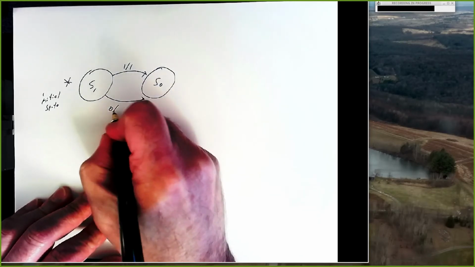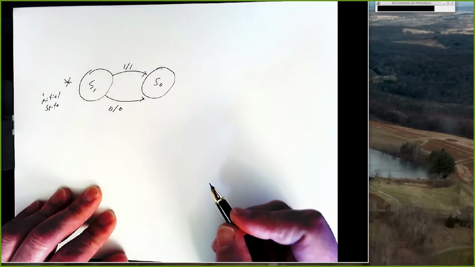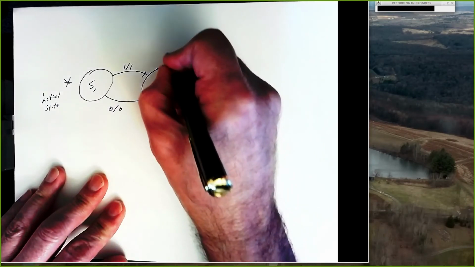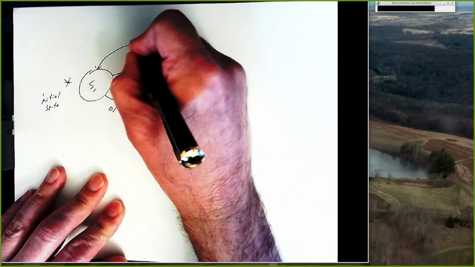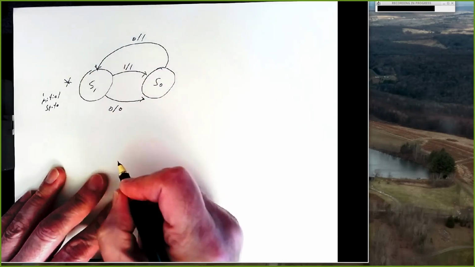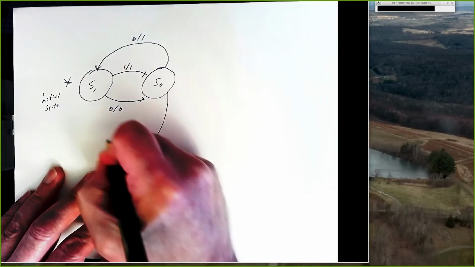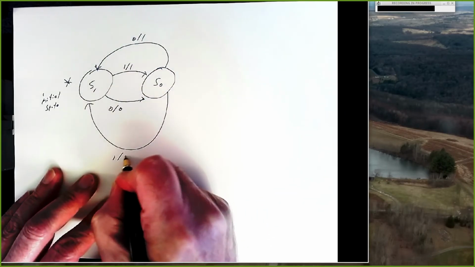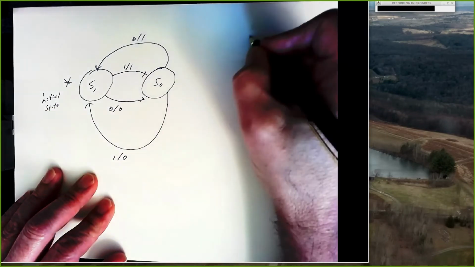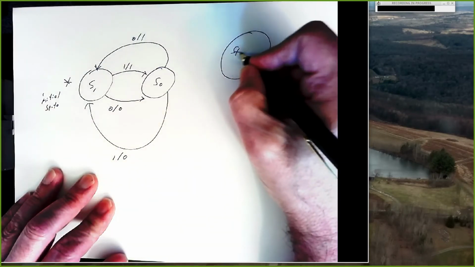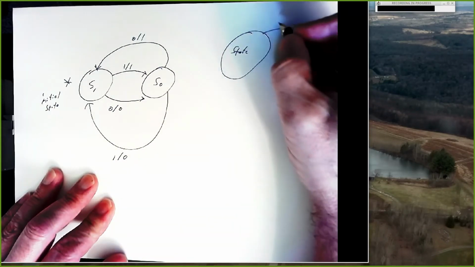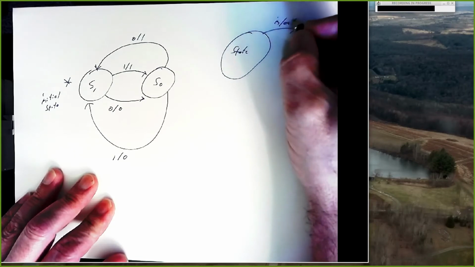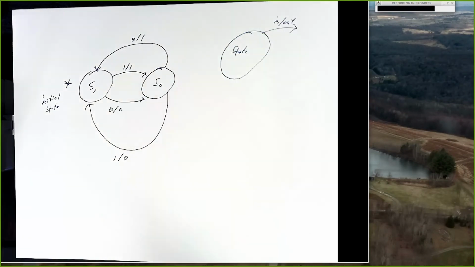If I have a 0, I'm going to output a 0 and go to S0. From S0, if I have a 0, I'll output a 1 and go to S1. And from S0, if I have a 1, I'll output a 0 and go to S1. So here's our key. And on each arrow, I'm drawing an input/output.